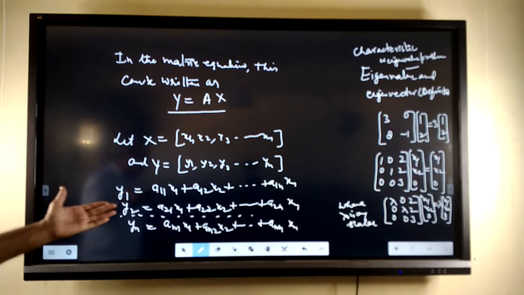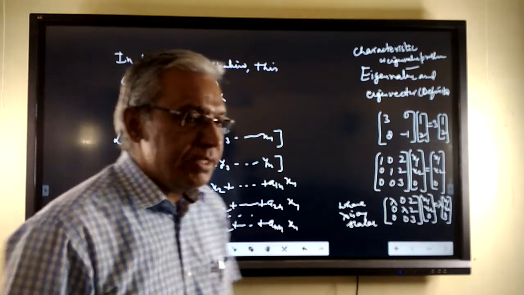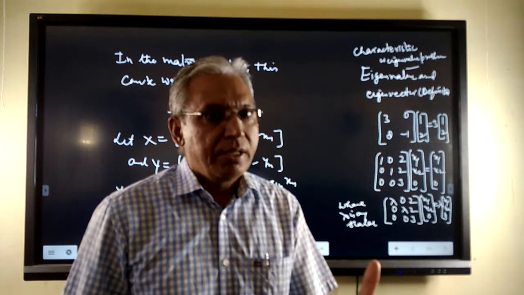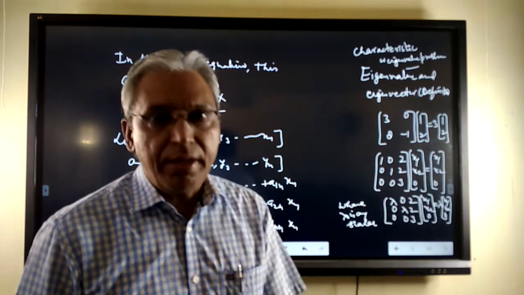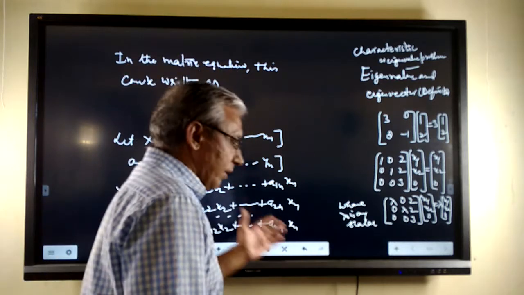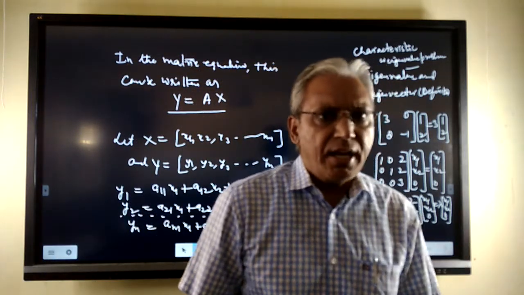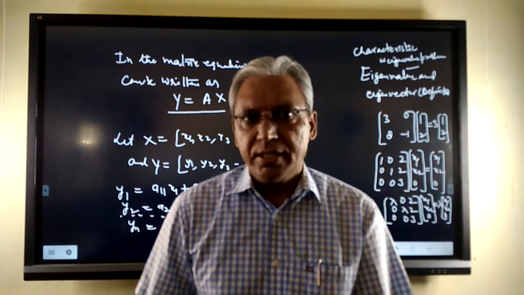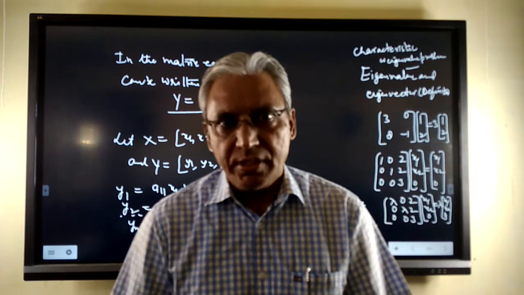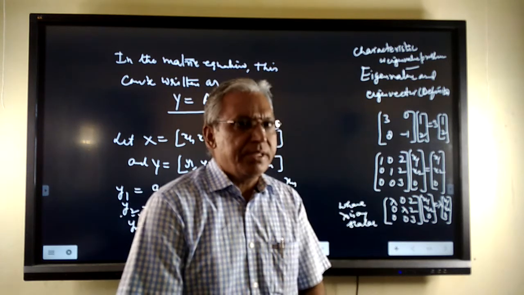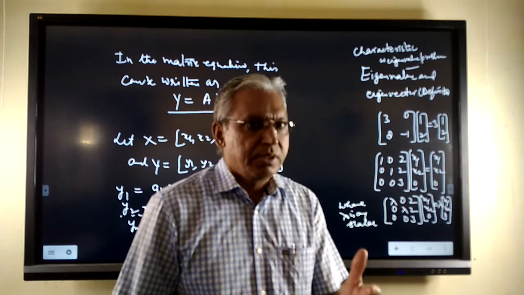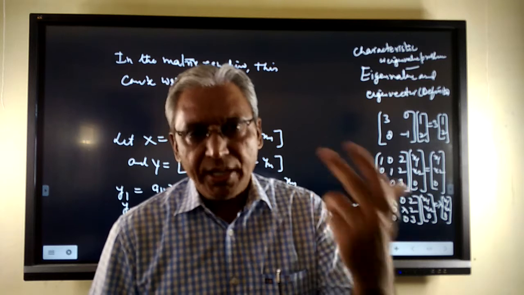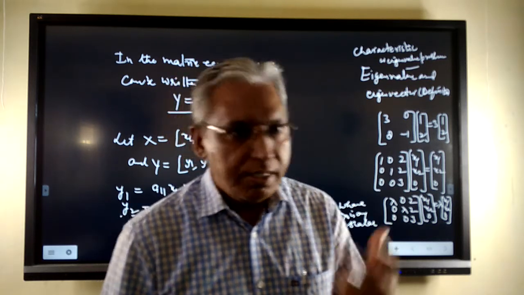Thus, x is transformed into another vector y by matrix A. The unit matrix I transforms the given vector x into x itself. Besides the unit matrix, there are some other matrices which transform the given vectors into themselves.